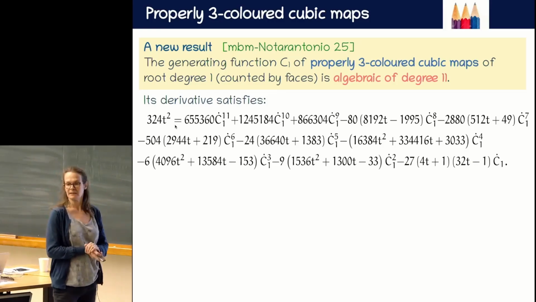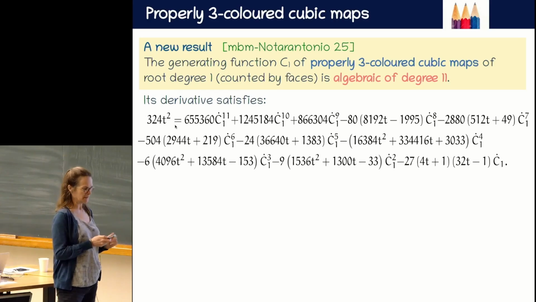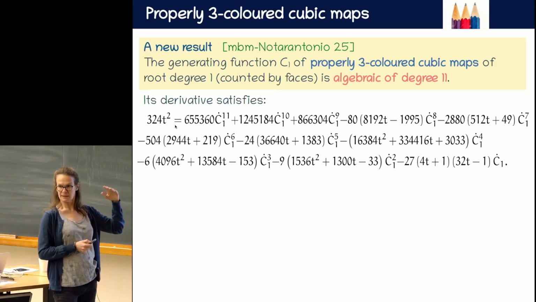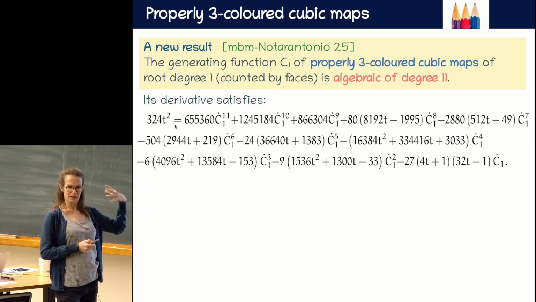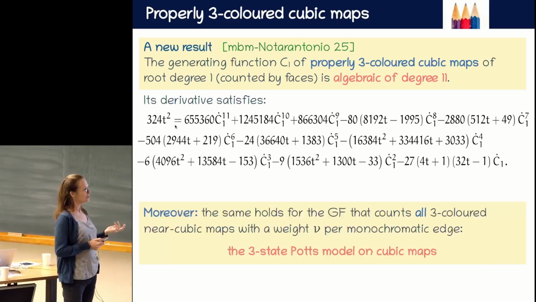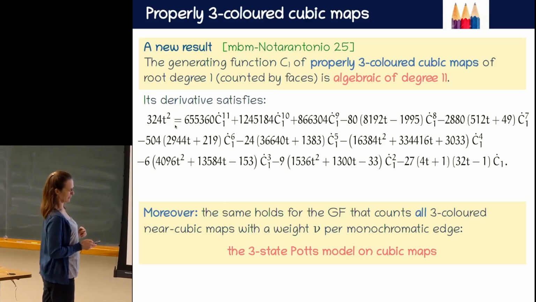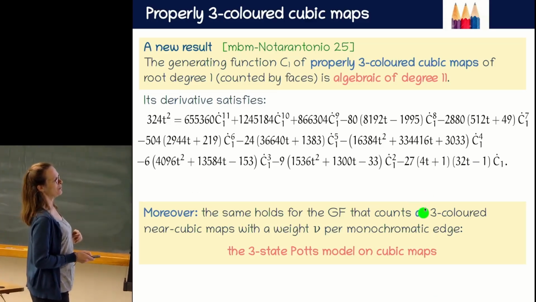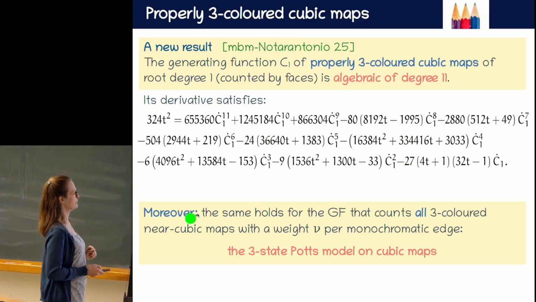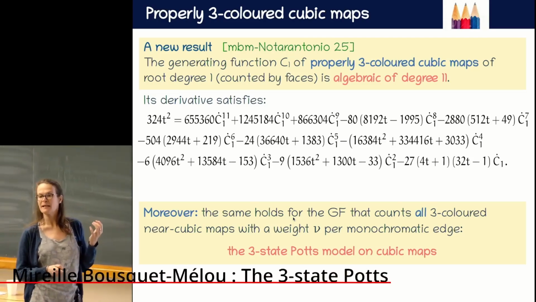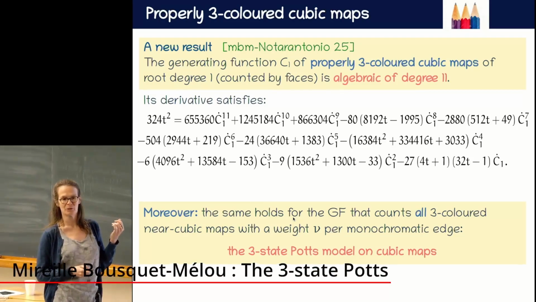And in fact, this result is a special case of what we actually did, because what we proved is that the same result, that is algebraicity of degree 11, holds for a more general problem where now you count all 3-colored cubic maps, but you put a weight on the bad edges, the ones that are monochromatic.